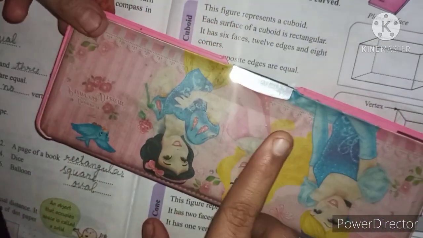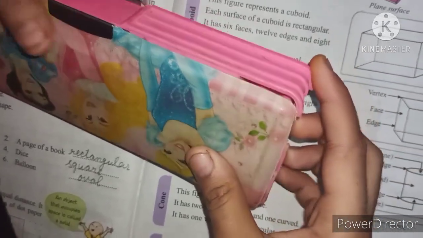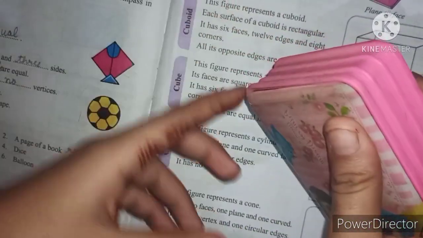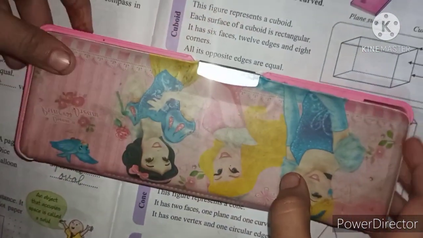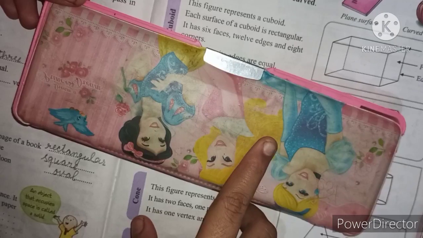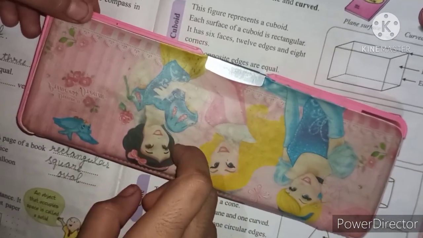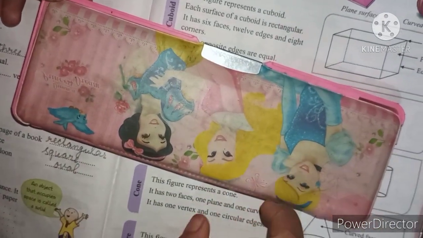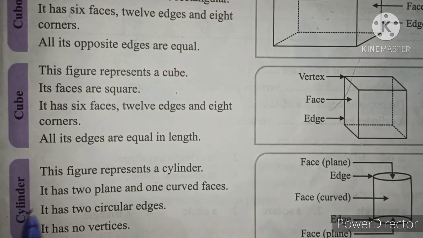And 8 corners. 1, 2, 3, 4, 5, 6, 7, 8. Children, clear? Children, all its opposite edges are equal. This and this. Okay? Now it's clear?